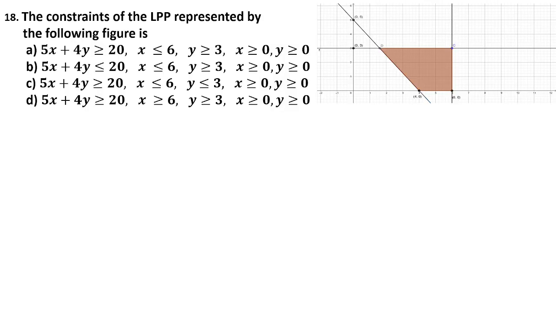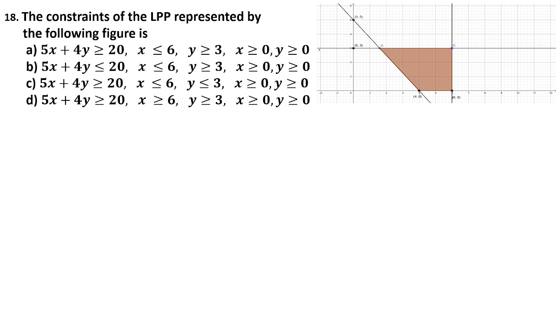Question number 18. This type of question normally comes in linear programming, because 2 questions from linear programming may appear in MCQ. One will be based on calculations. The other will be based on identification of the feasible area or identification of the constraints. Now here you have been given a bounded area. You have to identify the constraints.